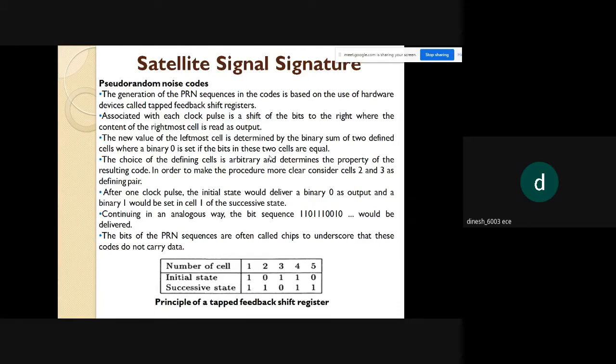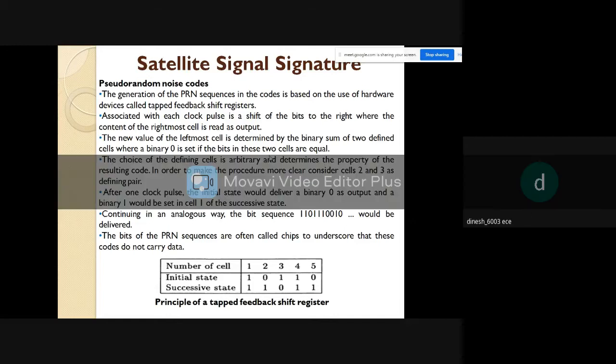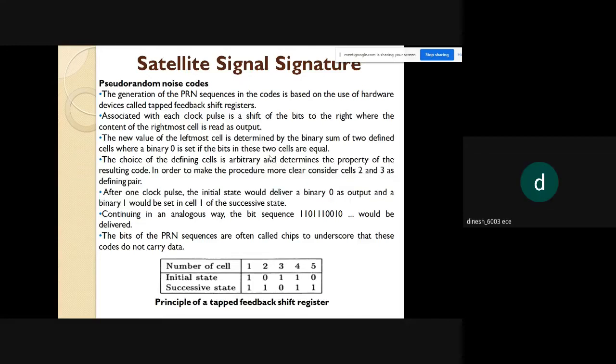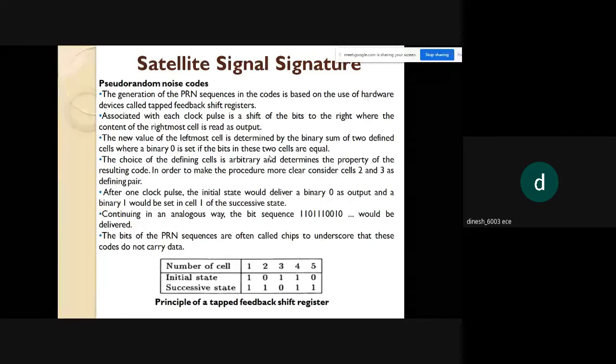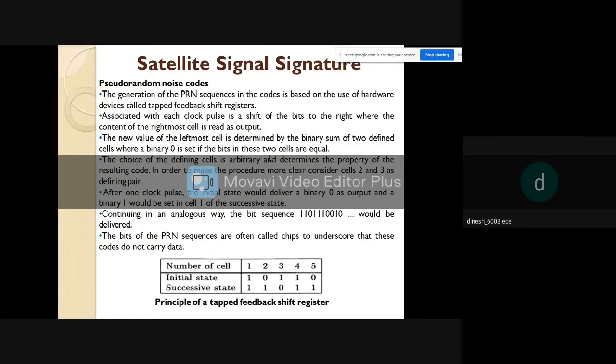When we shift, a new value is present at the leftmost cell. That cell is determined by the binary sum of two defined cells, where a binary 0 is set if the bits in these two cells are equal.